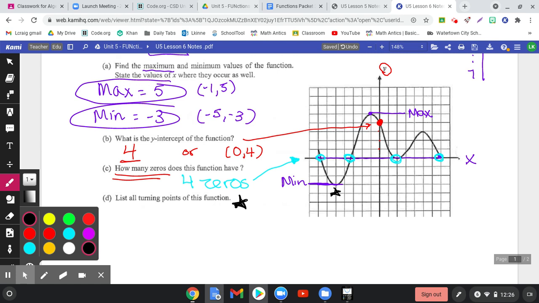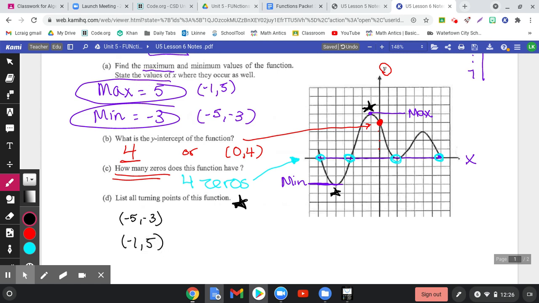That's the point (-5, -3). All right, and then you can see it goes up, up, up, up, up, and then it turns right here at that max. So that's a turning point up here. That was the point (-1, 5). Right? Because you went back 1, up 5. And then it's decreasing. Oh, right here it turns.